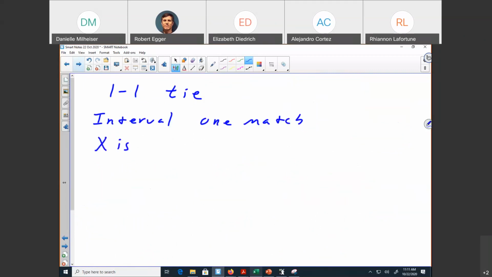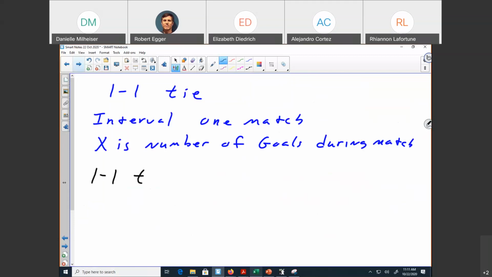X is the number of goals during the match. So to have a 1-1 tie would imply that there was X number of goals made. So a 1-1 tie implies that X is 2.